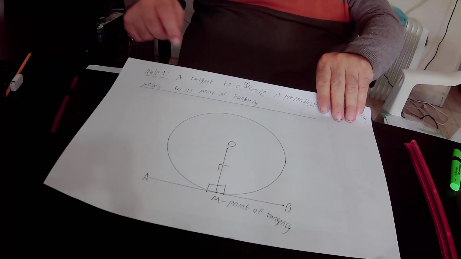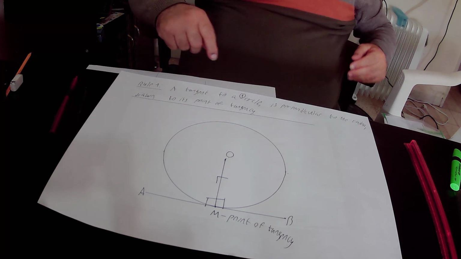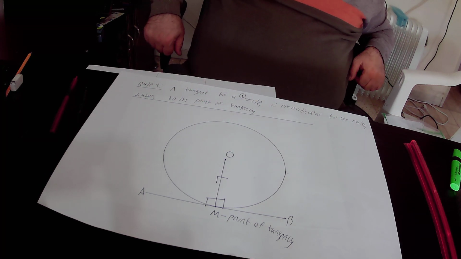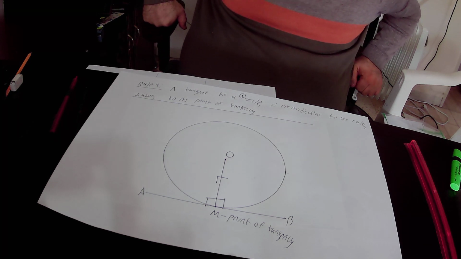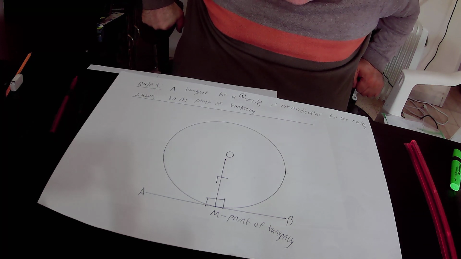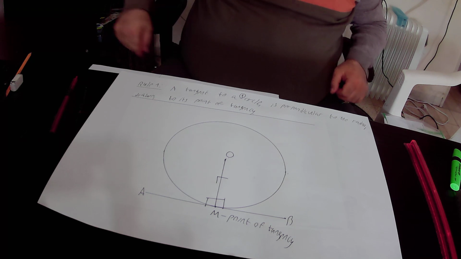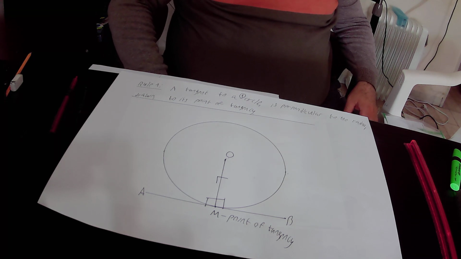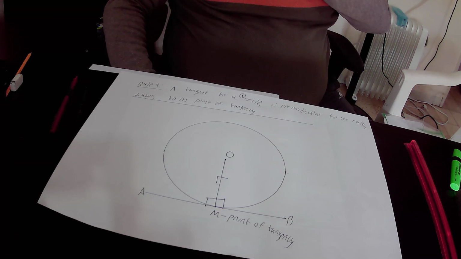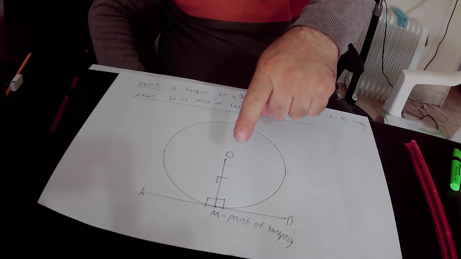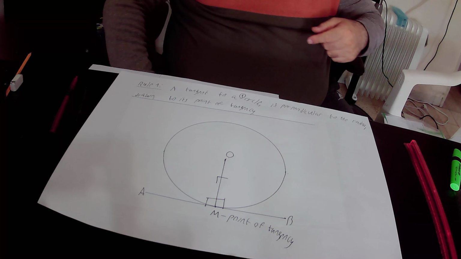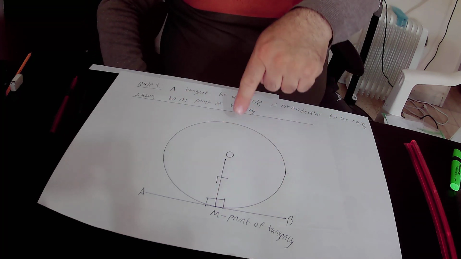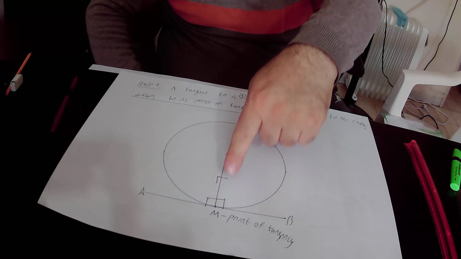And we have the radius OM drawn to the point of tangency. Whenever we have a radius drawn to the point of tangency, the tangent will be perpendicular to that radius. In this case, tangent AB is perpendicular to the radius MO.